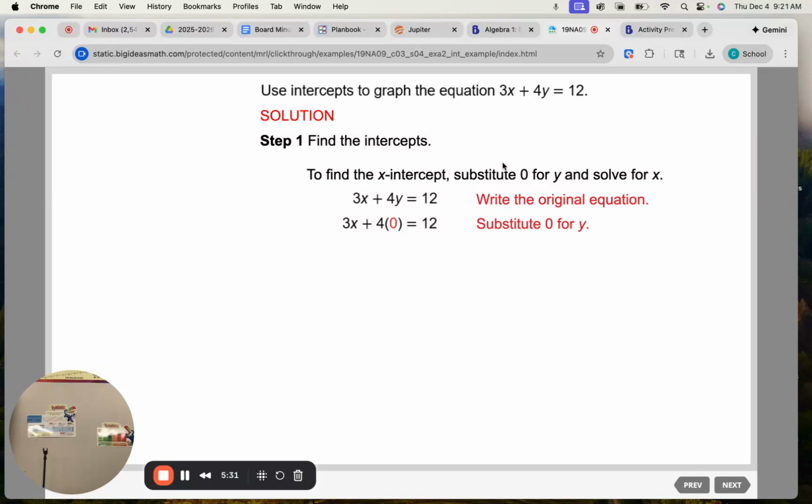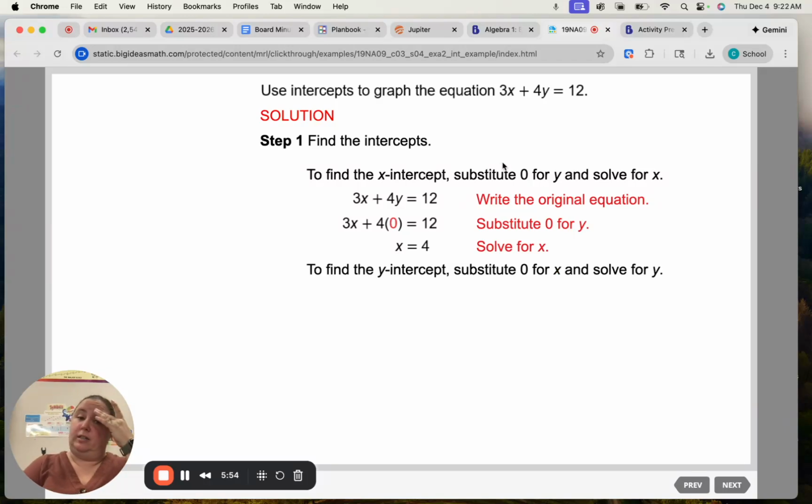So 4 times 0 is what? 0, so that's just gone. 3x, oh, they didn't show you the step. 3x equals 12, so I divide by 3 to get x by itself. So 12 divided by 3 is? 4. Excellent.